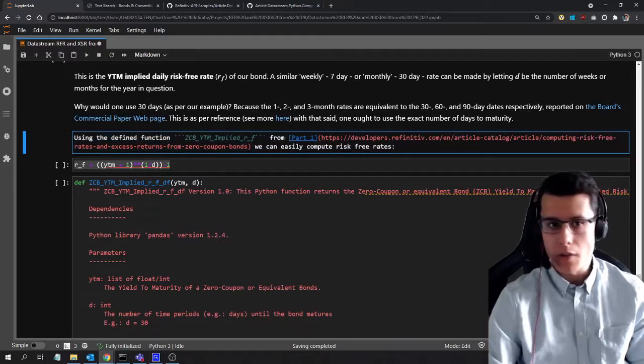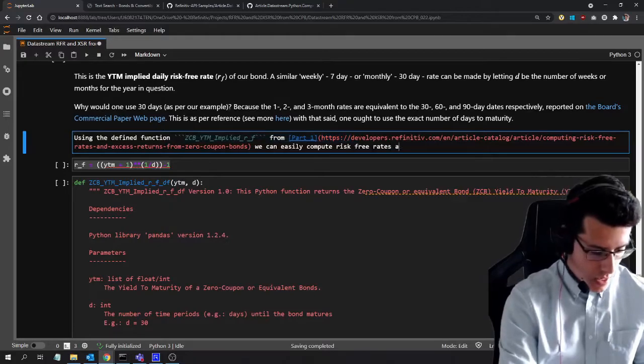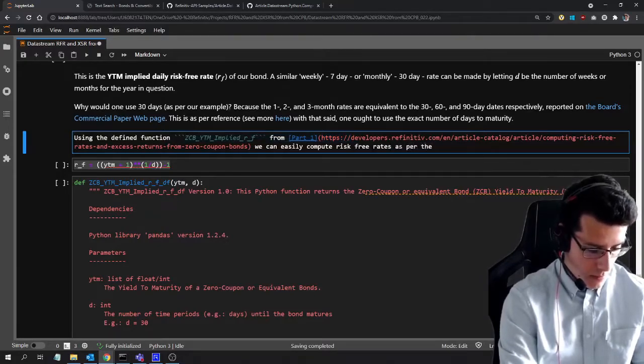Yes, that is. We're still doing this, aren't we? We're using the previous function from part 1. Using the defined function, we can easily compute risk-free rates as per the Python code.